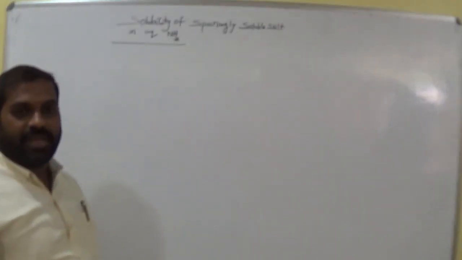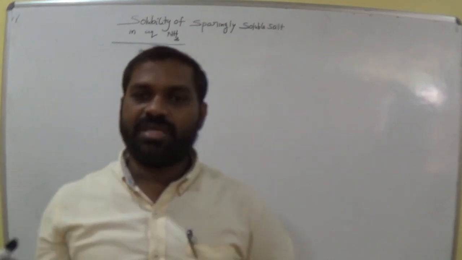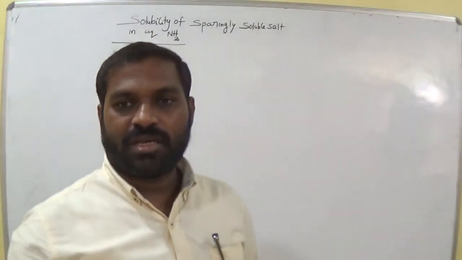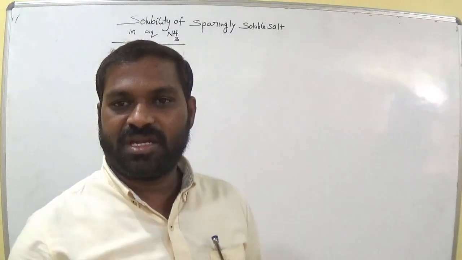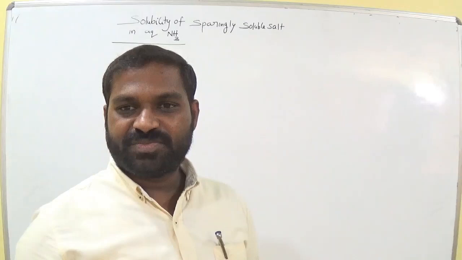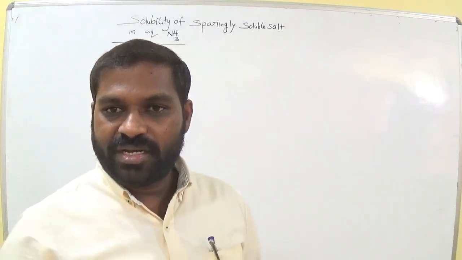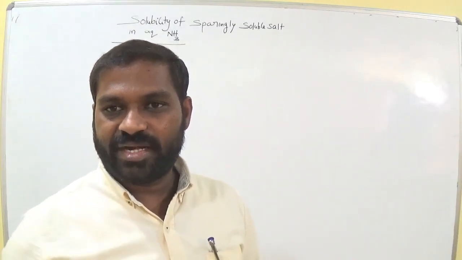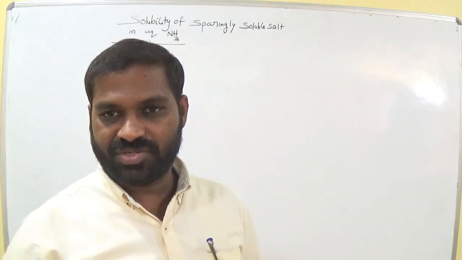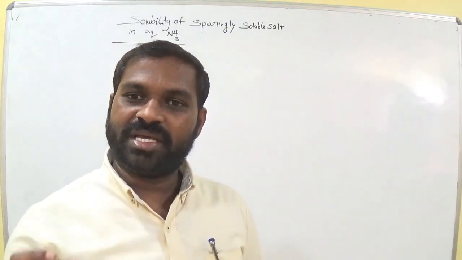So what happens when we dissolve a sparingly soluble salt in aqueous ammonia? Its solubility is increased. Sparingly soluble salt means its solubility is less. Am I right? So if we add it into aqueous ammonia solution, then its solubility increases.